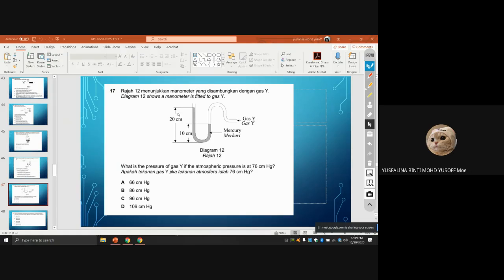The difference of the length is 20 minus 10, so the answer is 10 cm. Plus the atmospheric pressure, 76. So 76 plus 10 is 86. So number 17, the answer is B, boy.